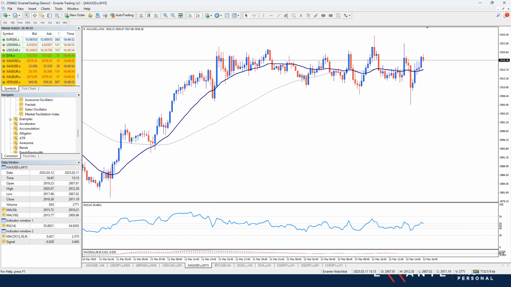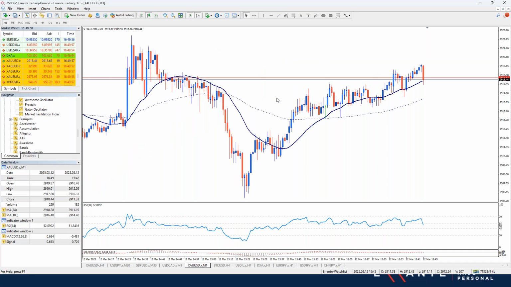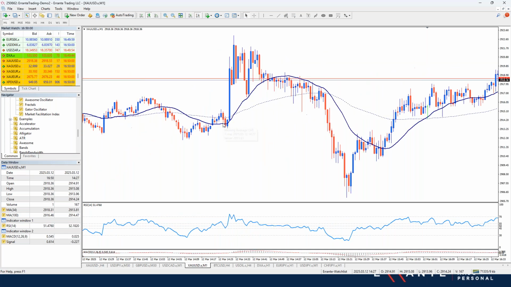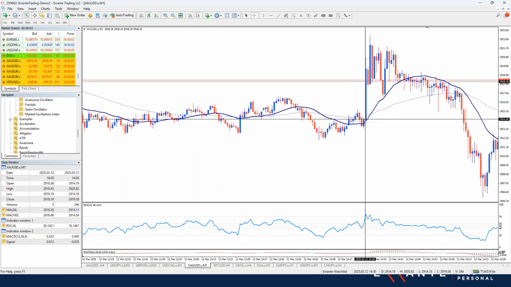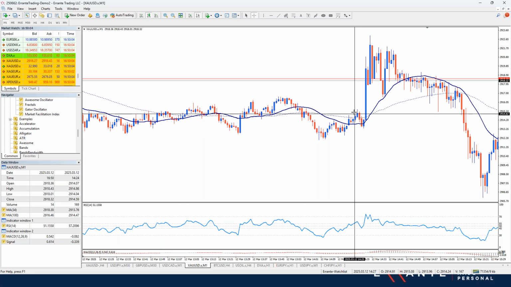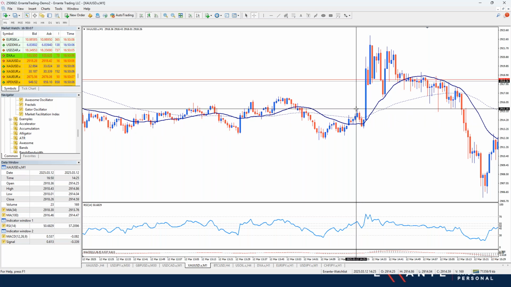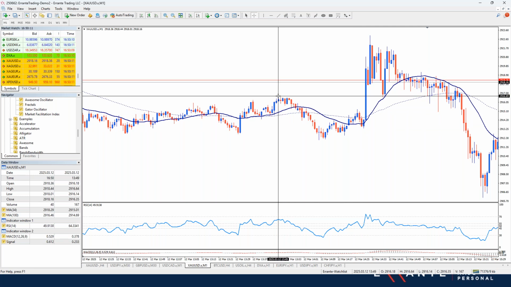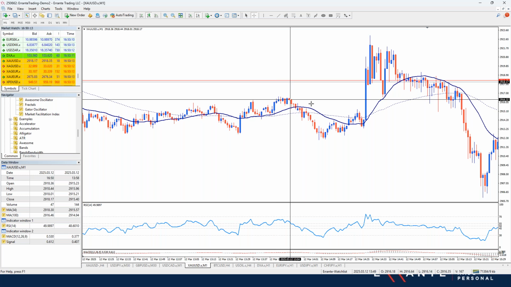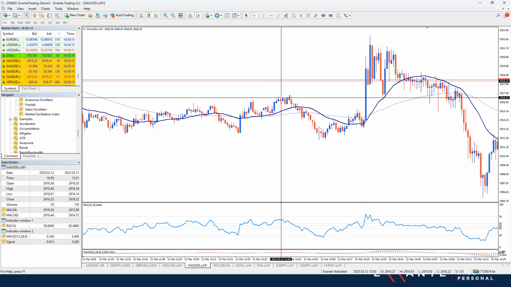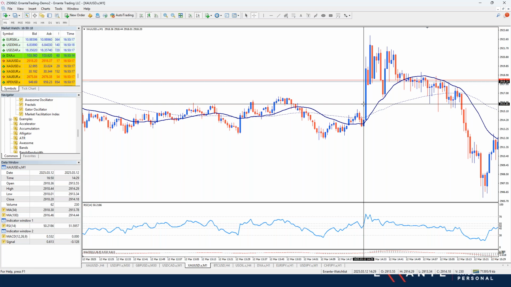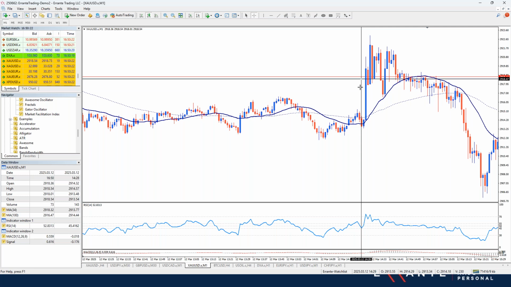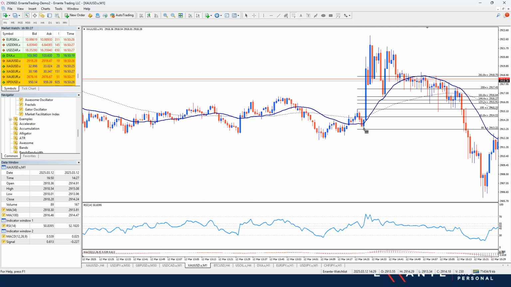What we had in the market was the US CPI, and at the time of the US CPI, you see this very long candle breaking above the last top, and also this resistance zone here. So any of these places could be a good place to enter the market if you are a fast or quick trader.